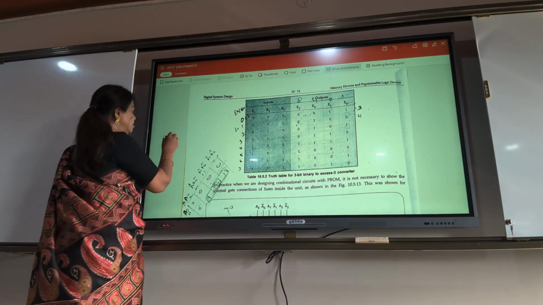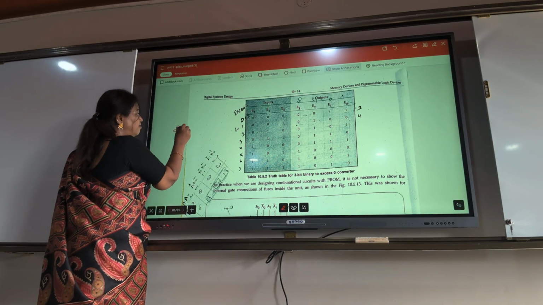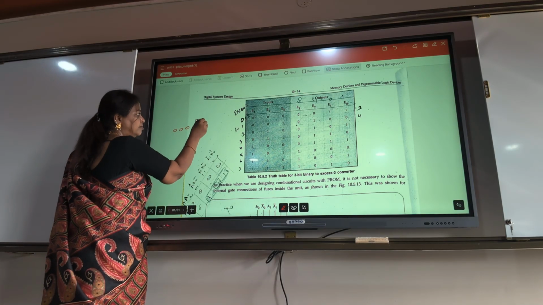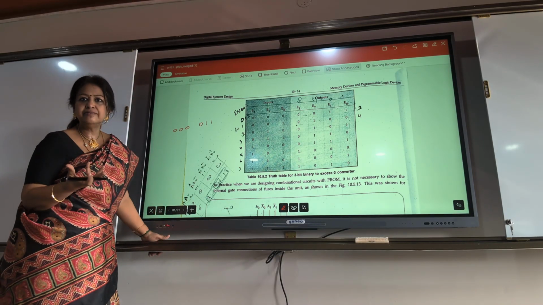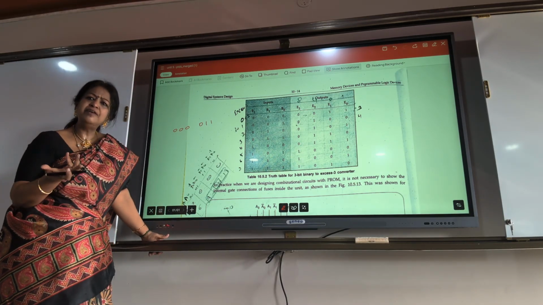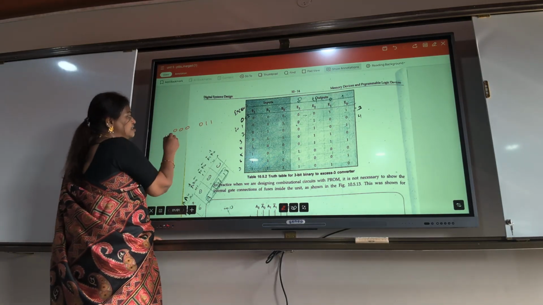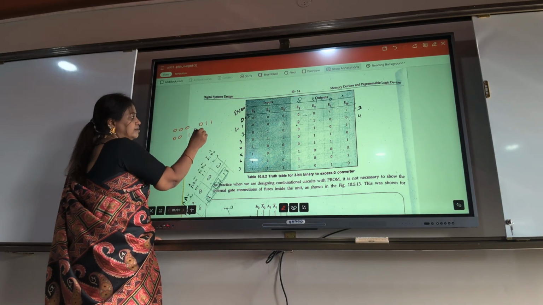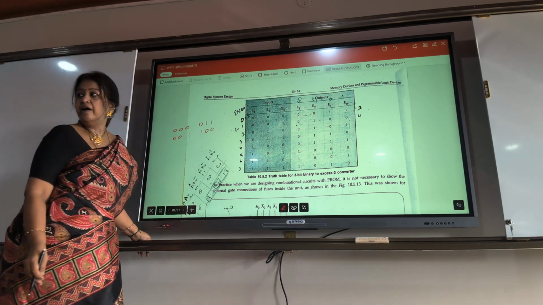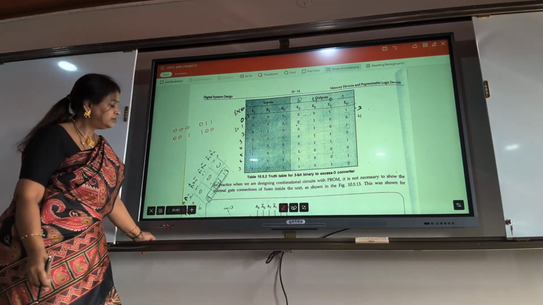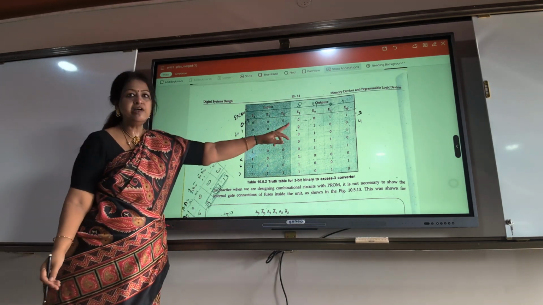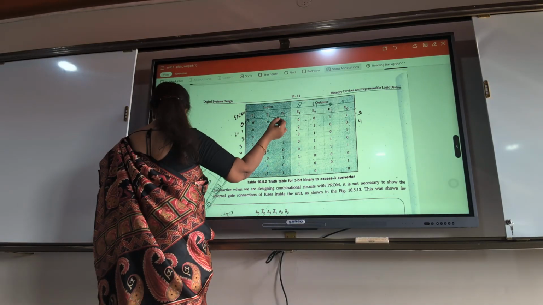If you have 0, 0, 0, the XS3 equivalent is what? Add 3. So with that you make this table. These are all your outputs.